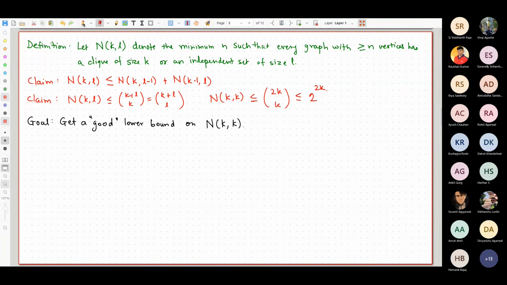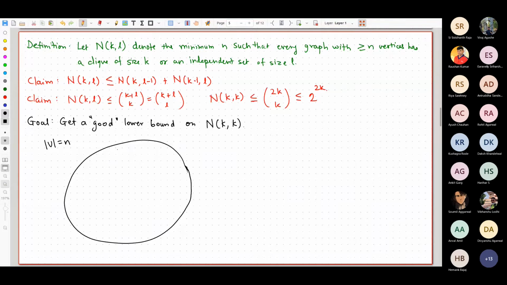And the way we will get a lower bound is the following. We'll look at the set of all graphs over some n many vertices. I'm just giving an informal idea of the proof before I state the theorem. So let us fix some n, and let us fix some vertex set V of size n.